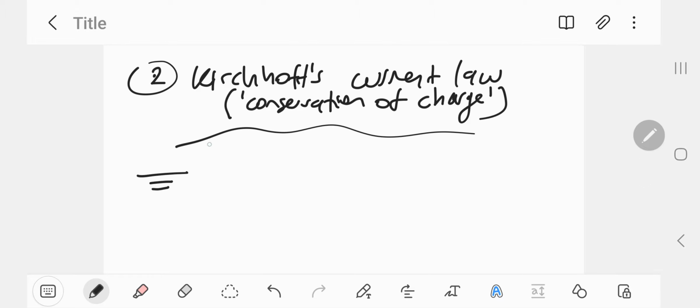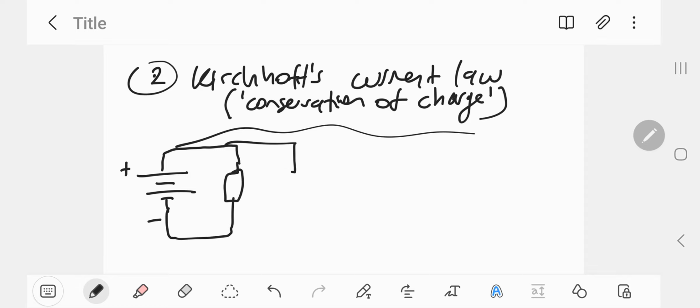Here's a battery. Suppose I have two resistors connected in parallel. Suppose I've got points here A, B, C.